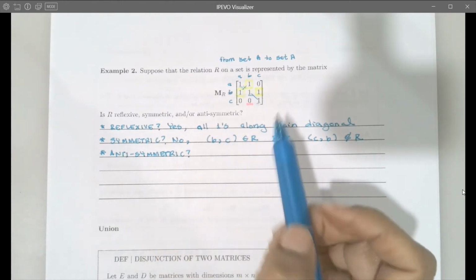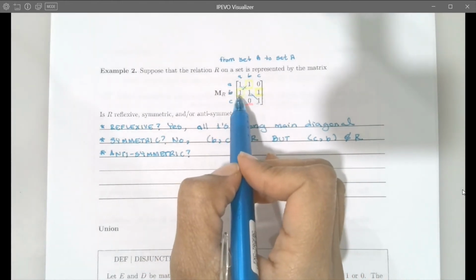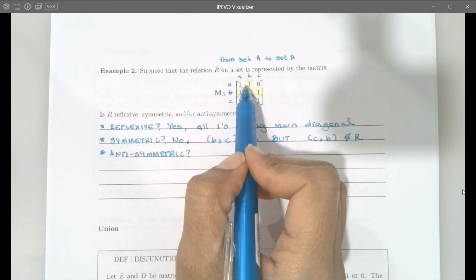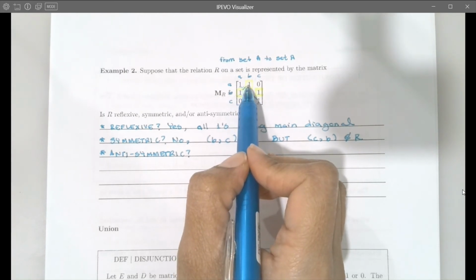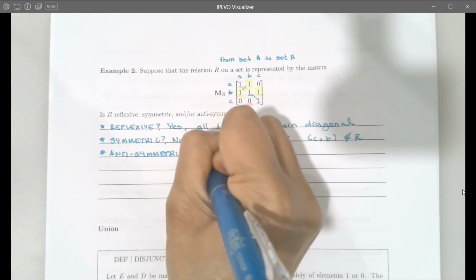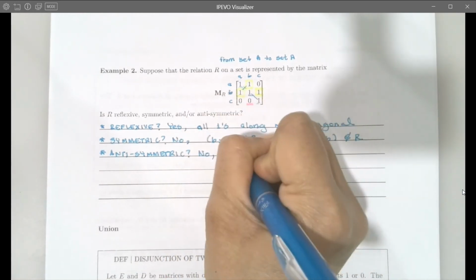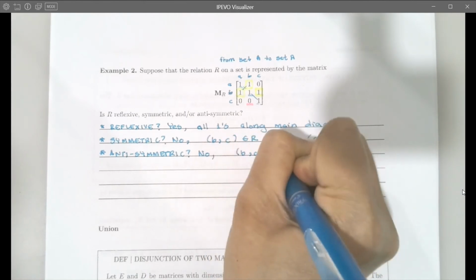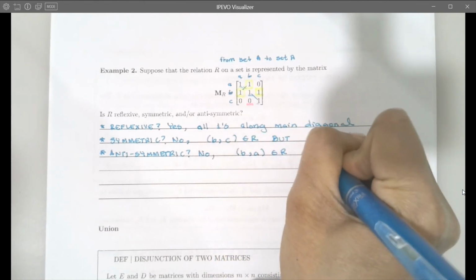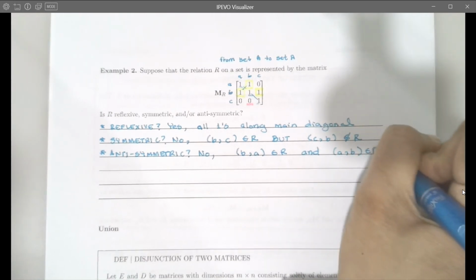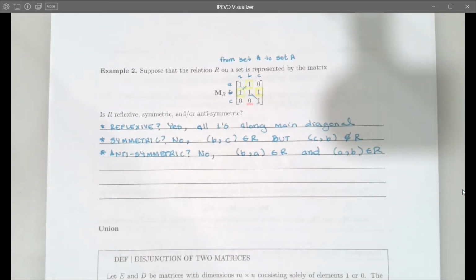If we take a look here, we have a 1 at the second row, first column, but we don't see a 0 at the first row, second column. So that means that this is not antisymmetric. So this is no, because (B, A) is part of R, and (A, B) is also part of R. So it's not antisymmetric.